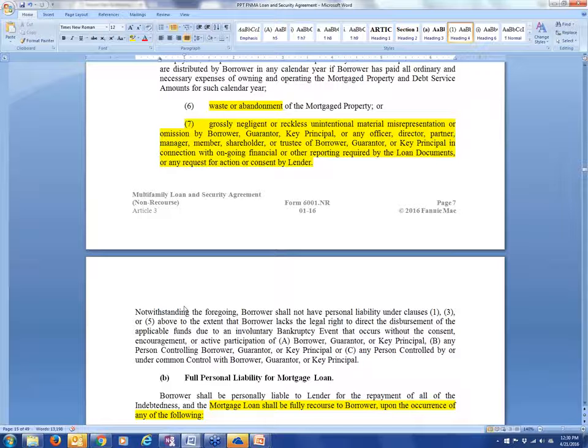Now remember, this is called Article 3 personal obligations. Now think about it for a second. In this particular document, it's calling you the borrower. Okay, fine, you're the borrower. What happens if the borrower is ABC Investments LLC?